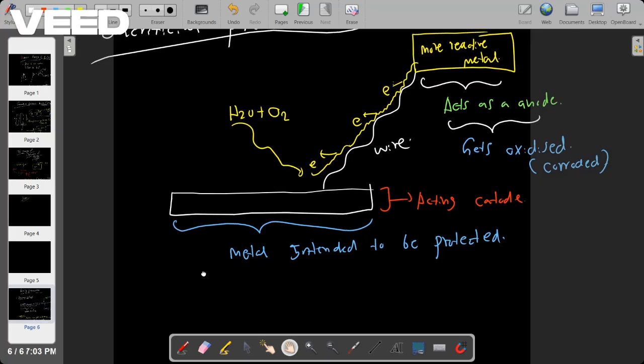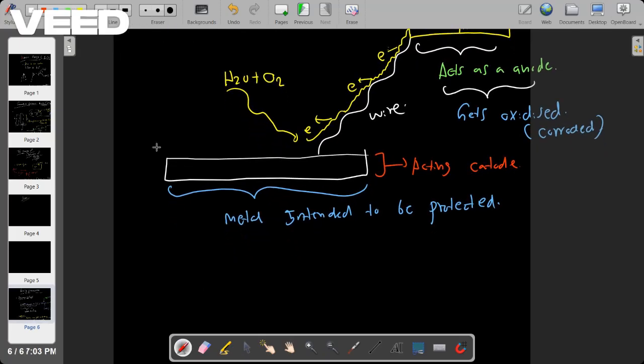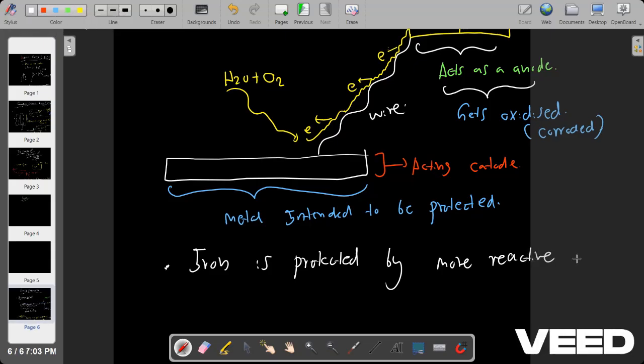So for example, you can say iron is protected by more reactive zinc.